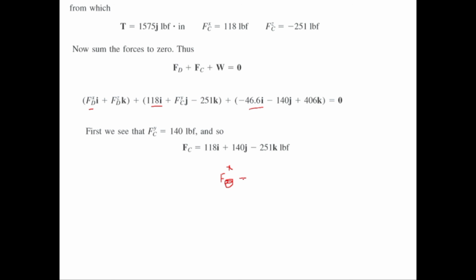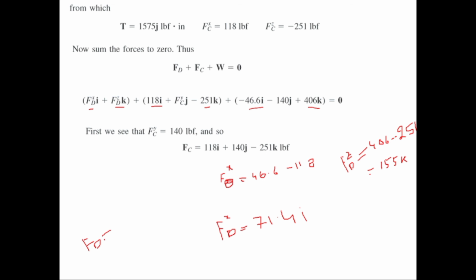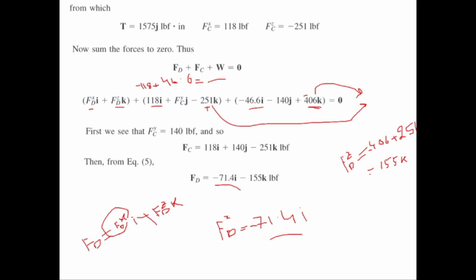So FD equals to FDX plus FDZ, where FDX equals to minus 71.4 and FDZ equals to minus 155. So write them along with their unit vectors. FD equals to minus 71.4i minus 155k.